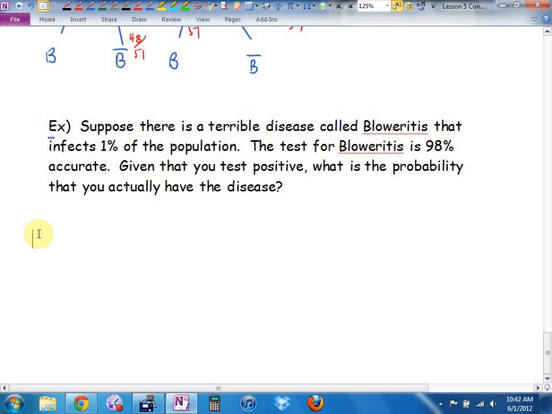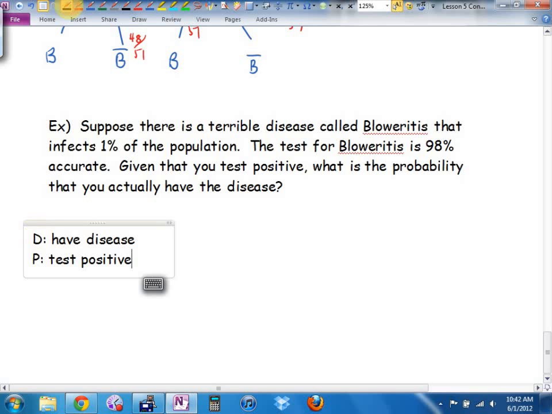Let's go like this. How about event D, you have the disease. How about event P, test positive. Let's do a tree. You have to have the disease before you test positive or negative, so we're going to do disease first. Here's our tree.